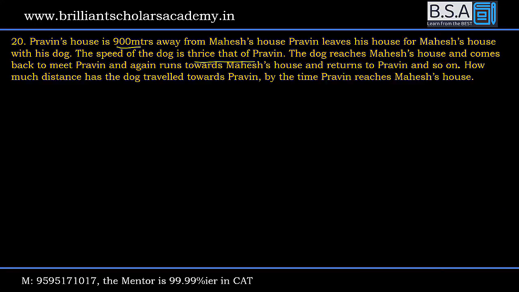Dog reaches Mahesh's house, meets Praveen, and then runs towards Mahesh's house and turns back to Praveen, and so on. How much distance has been traveled by the dog towards Praveen by the time Praveen reaches Mahesh's house?